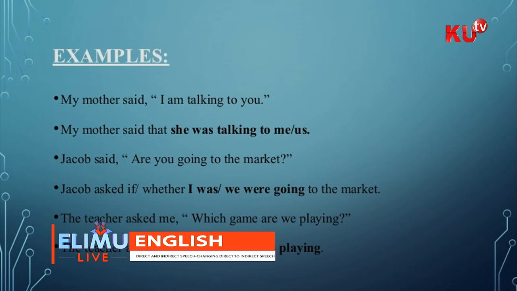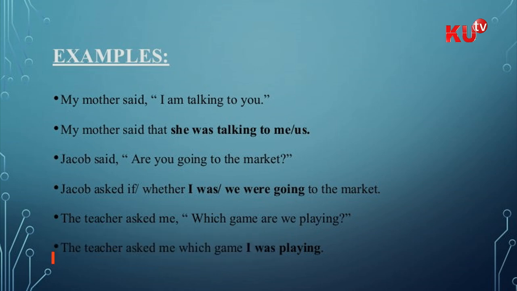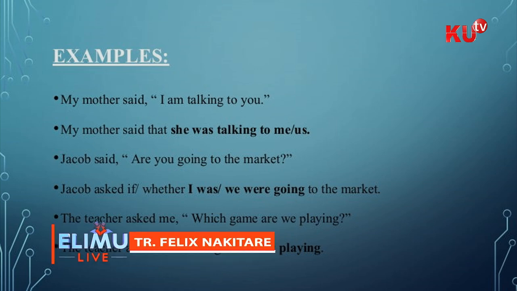When I report, I'll say, my mother said that she was talking to me, or my mother said that she was talking to us. So you can see am changes to was. Then you changes to me or to us.